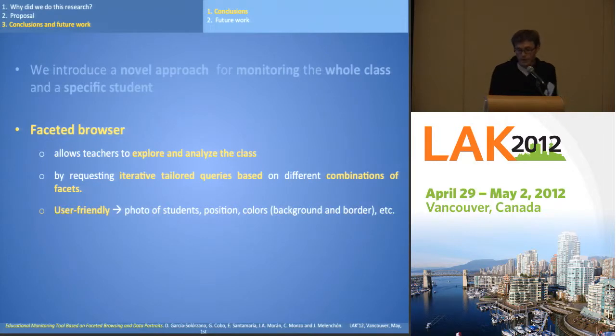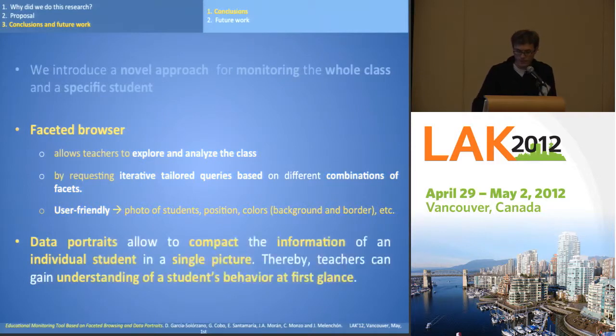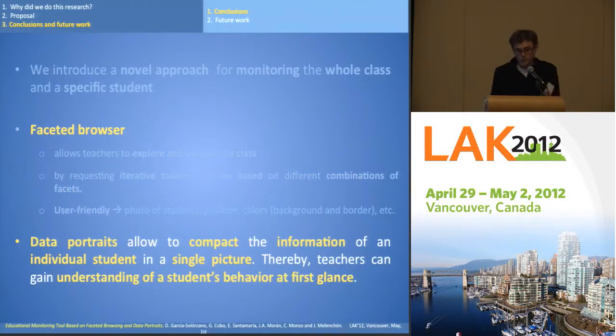It's user-friendly. It uses the photo, the position of the students, the color, the background, the border. On the other hand, data portraits allow us to compact all the information of an individual student in a single picture. Thereby, teachers can gain understanding of a student's behavior at first glance.